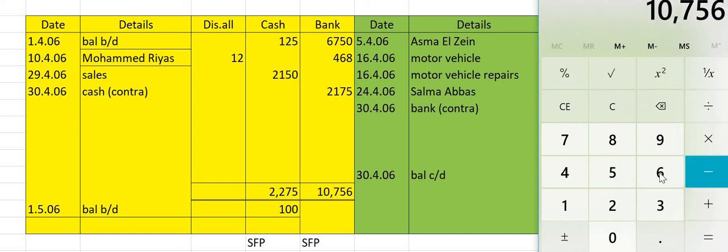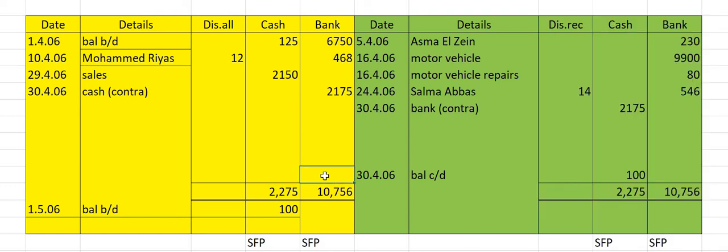10,756. Take away 6,750. Take away 468. Take away 2,175. So you get an answer of 1363. Now here you enter it as 30th 406 as balance carried down.